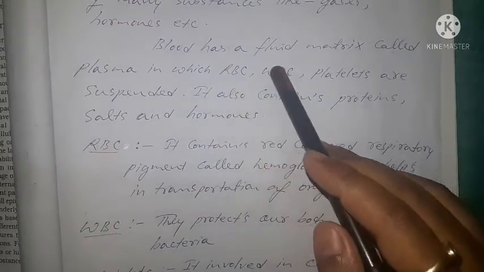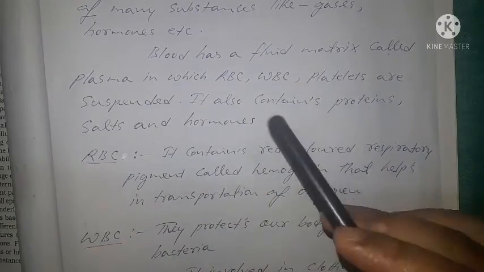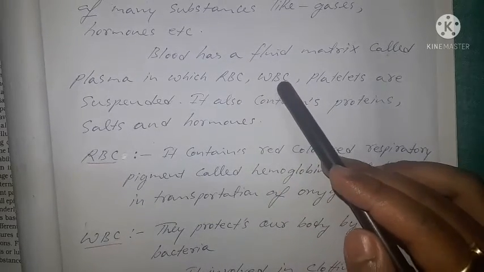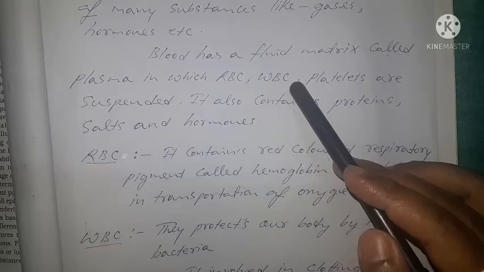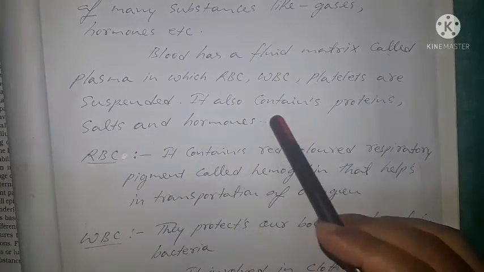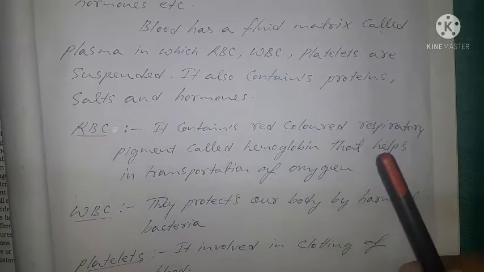Blood has a fluid matrix called plasma. Blood consists of plasma, and inside that plasma RBC, that is red blood corpuscles, WBC, white blood corpuscles, and platelets are suspended. It also contains protein, salts, and hormones.